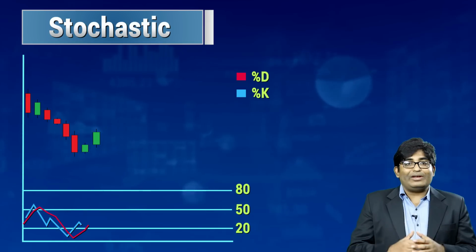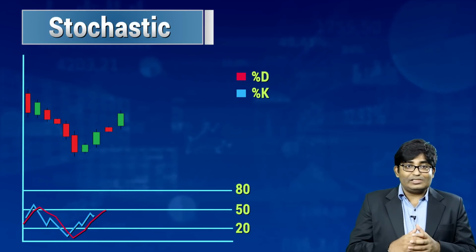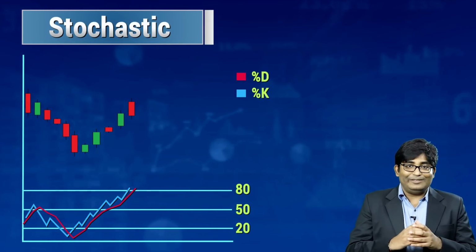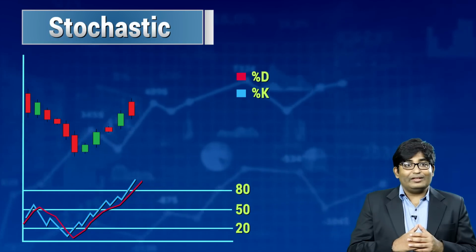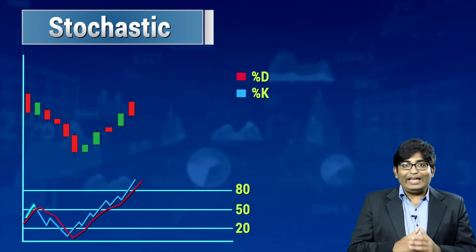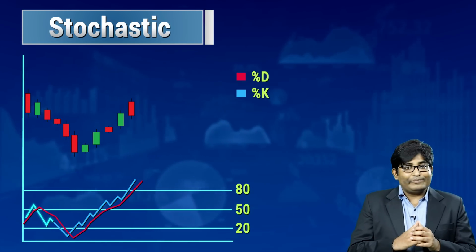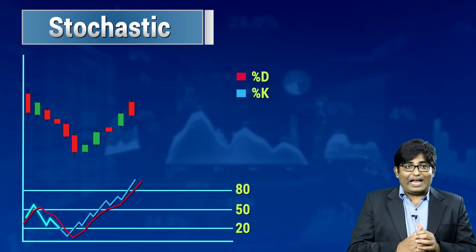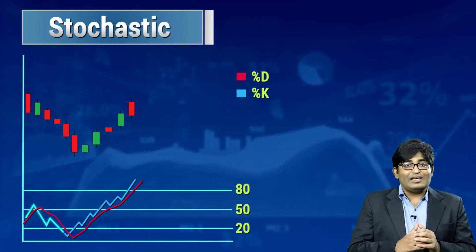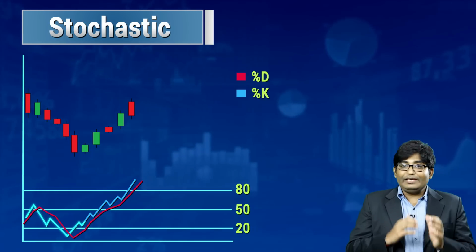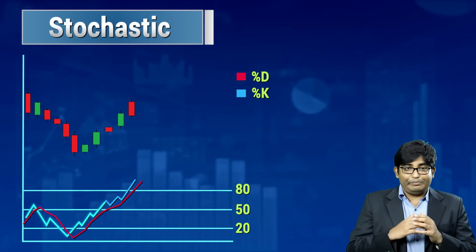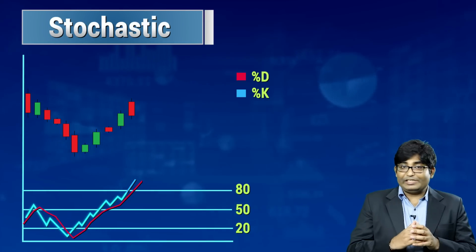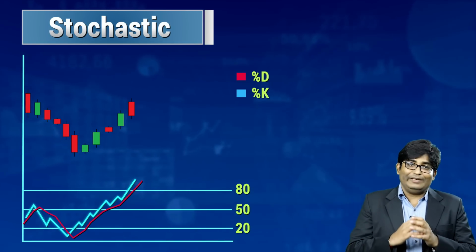Then as the uptrend gains strength, it crosses the 50 and eventually 80. Now during the down move earlier, the K line was below the percent D line. Now as the up move unfolds, what we can see is that the percentage K line crosses the percentage D line and keeps on moving at a faster pace in the upward direction compared to the percentage D line.